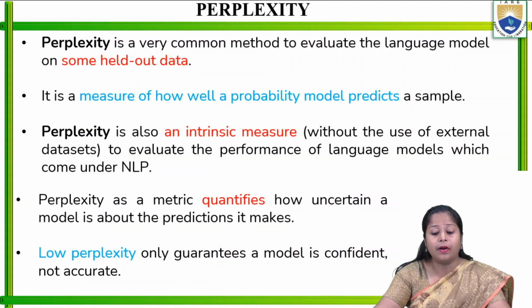It is a measure of how well a probability model predicts a sample when we give it the test data set, the test corpus. Perplexity is also an interesting measure without the use of external data sets. It evaluates the performance of language models in natural language processing systems.